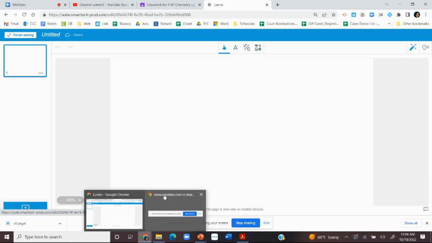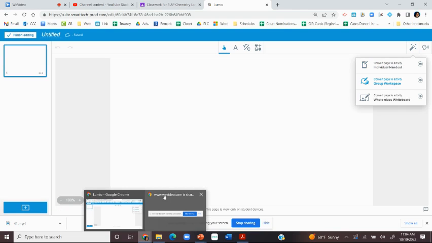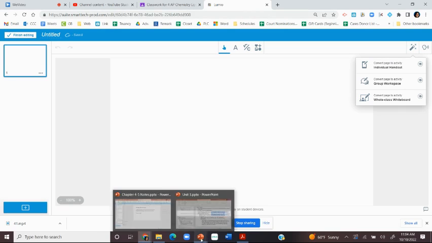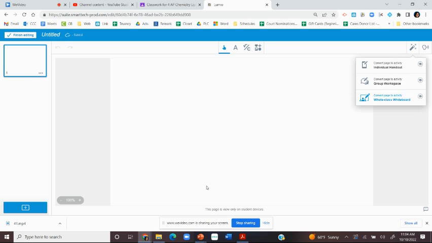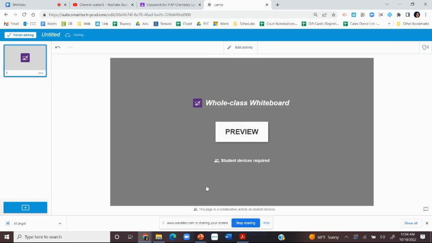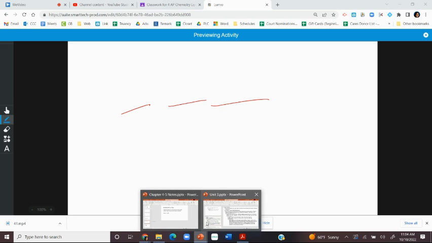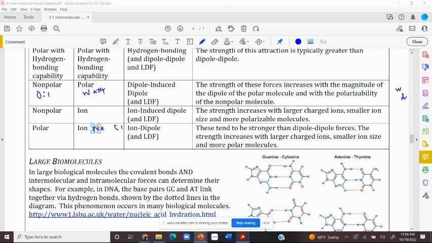Oh, the magic wand or something? Whole class whiteboard. There you go. Oh, this is good. All right, we figured it out, y'all. How many of us does it take? We'll figure the thing out.